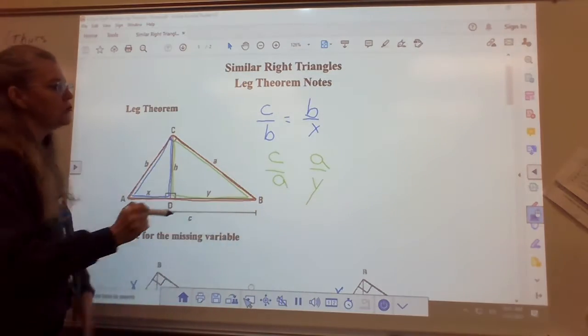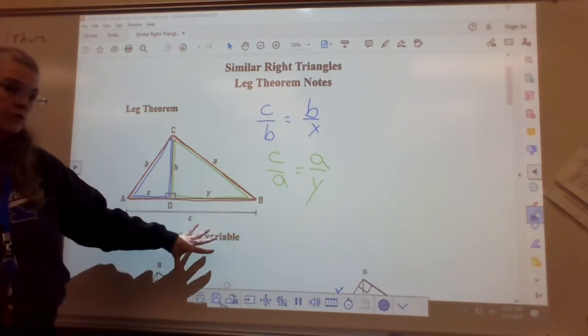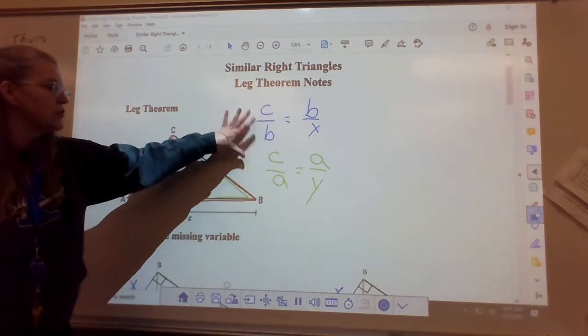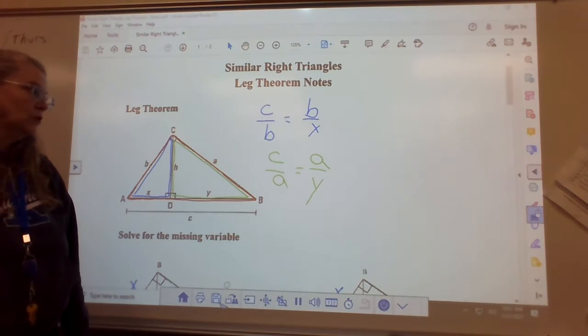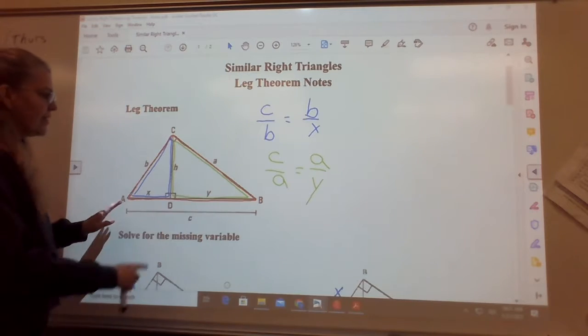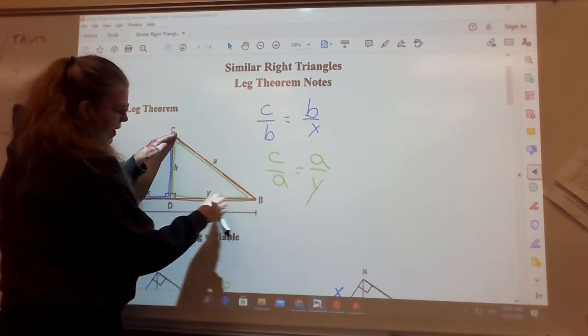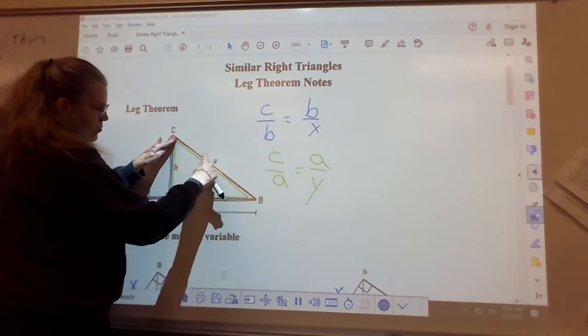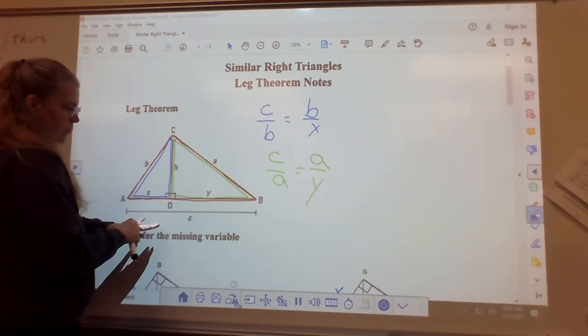So there's the two formulas I'm going to be using for this particular worksheet, at least the first 6. So the first 6 use these two formulas. The last 6 are all mixed up with the last one. So these are my two formulas. They all kind of make these L shapes. So bottom over A makes kind of a backwards L. And then A over Y makes another backwards L.